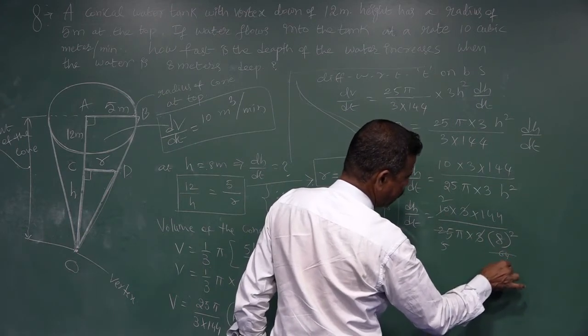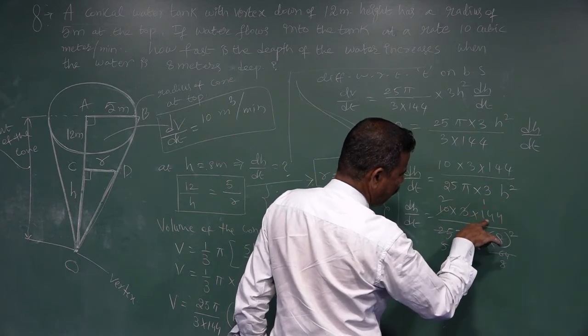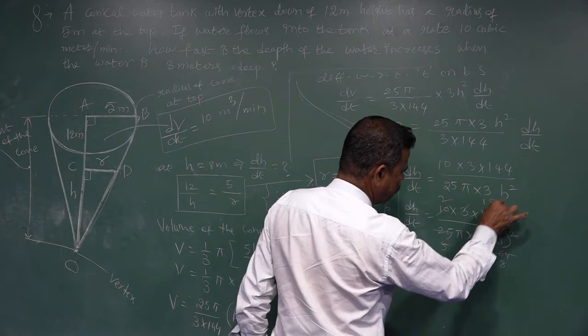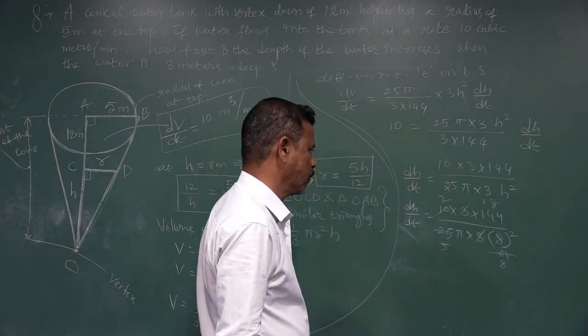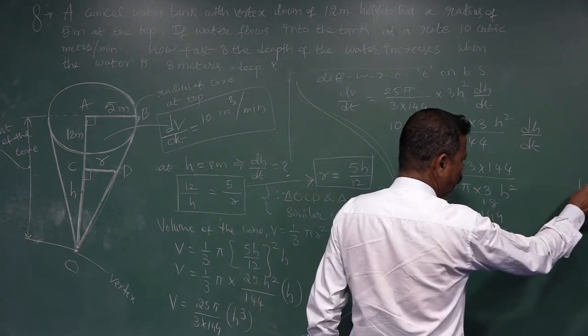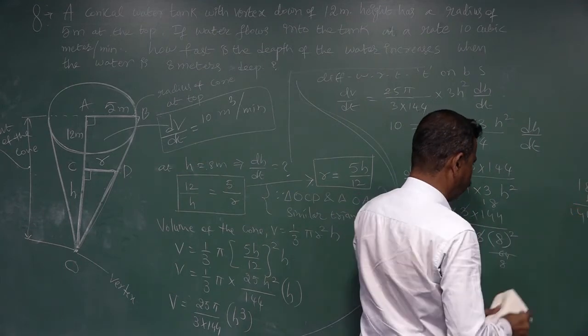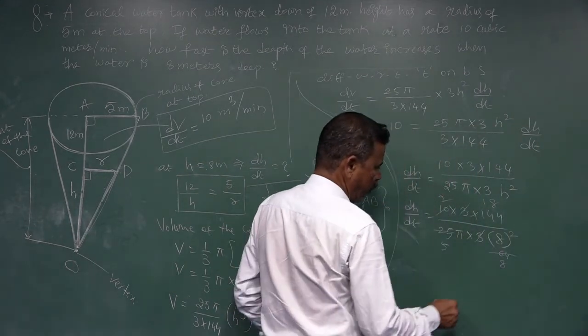So 8 square means 64. 8 eights are 64, and 8 times 18 is 144. You see, 18 into 8 is 144. Yes, 18 is correct.